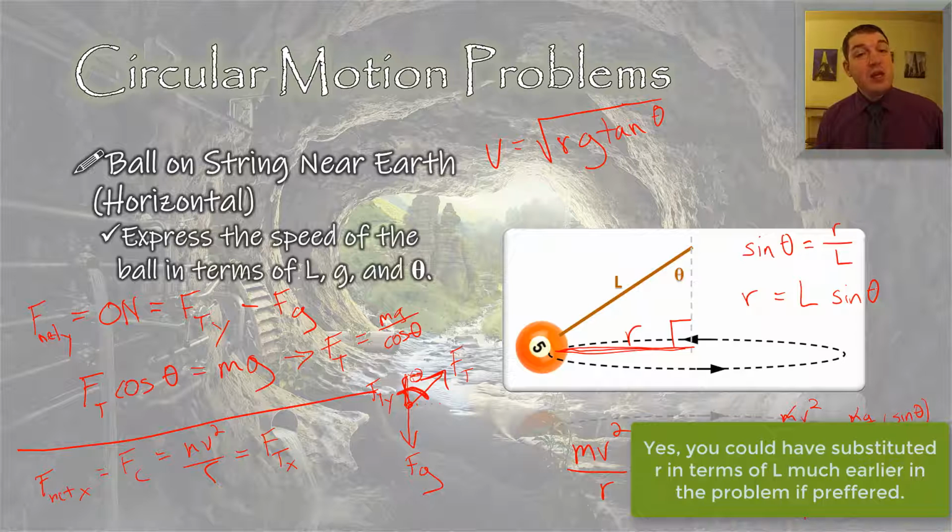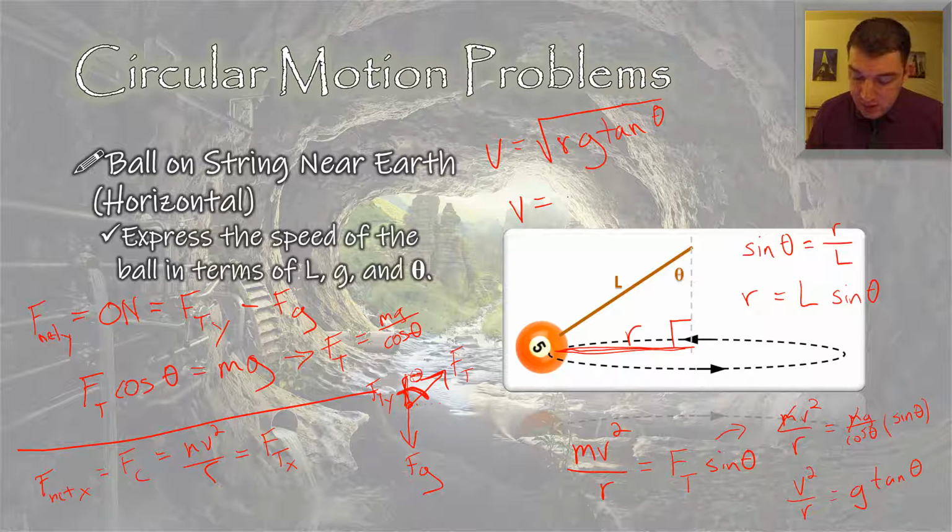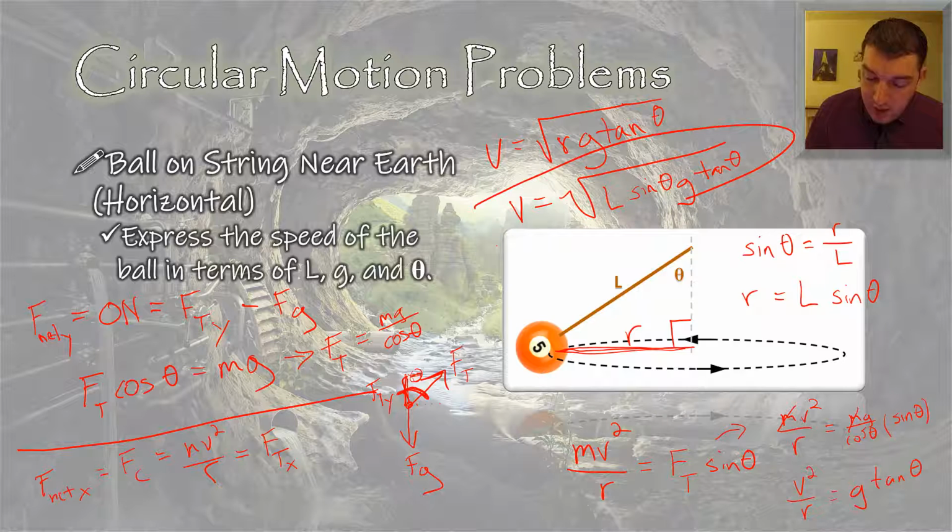So I don't need r in my final answer, because I can say v is actually the square root of L sine theta times g times tangent of theta. And now I have the speed in terms of only L, g, and theta.